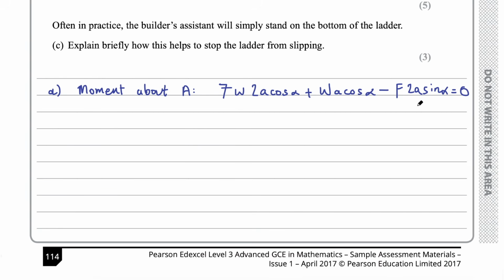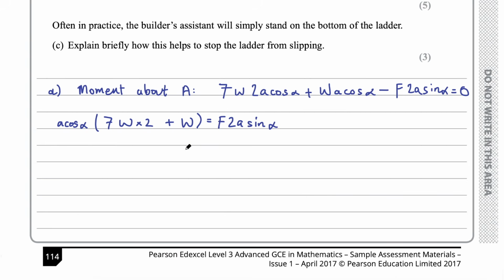Okay, so now hopefully this equation allows us to solve for this force pushing against the ladder. We can start off by rearranging this and factorizing a few things on the left hand side. So I'm going to factorize an A and a cosine alpha out of these two. So I'll be left with 7W times 2 plus W equals, adding this to the right hand side, F times 2A sine alpha.